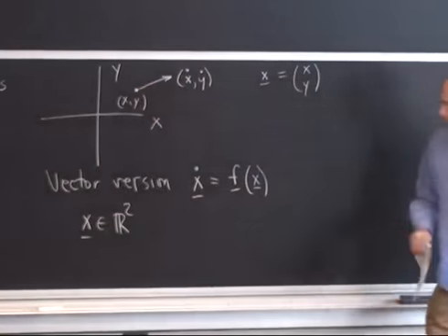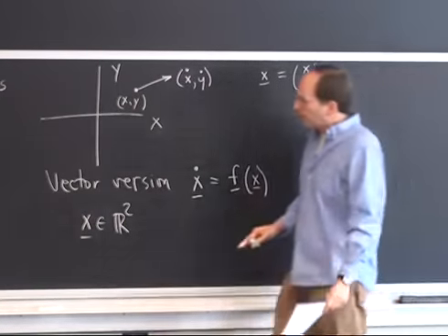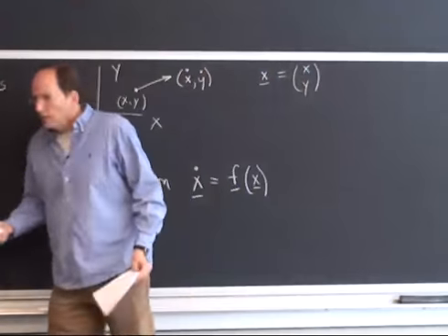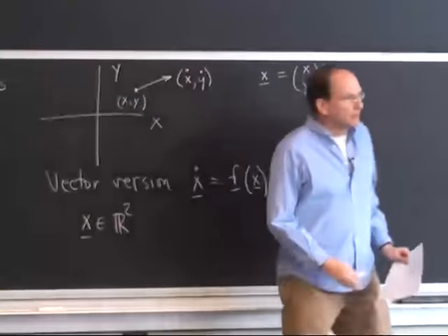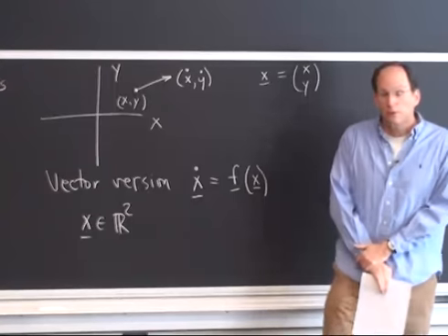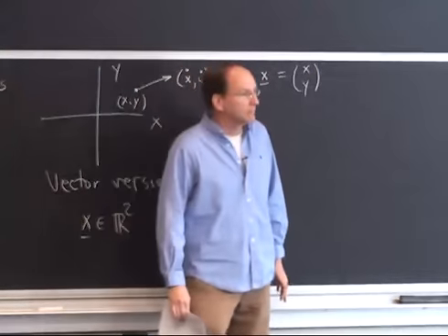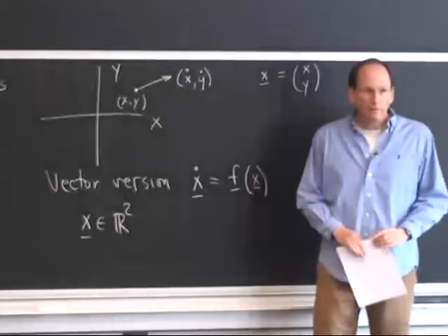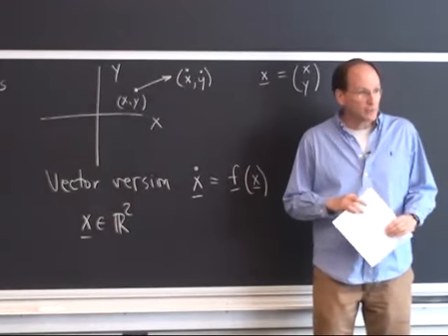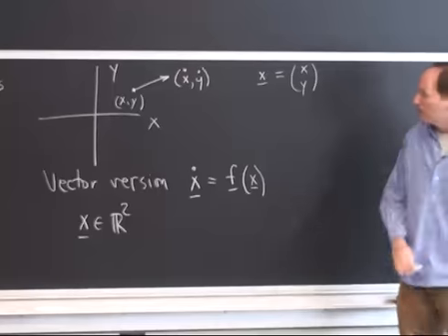Okay, now one aspect of this is we have to say something about the smoothness of these functions f and g. Remember that, for one thing, that's not the kind of issue we make a big deal about in this course. We will just assume that the f and g are sufficiently smooth that our systems will behave the way we want them to, like, for instance, that solutions will exist for the differential equation and they will be unique.